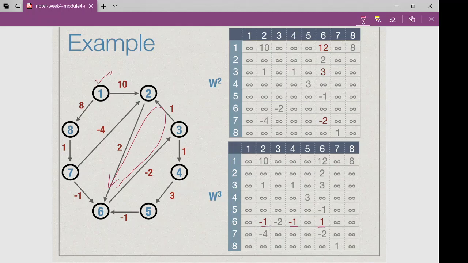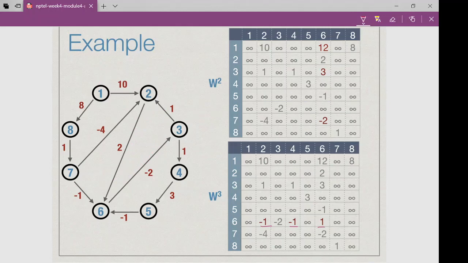Remember, 1 is allowed, 2 is allowed and 3 is allowed, because the value of k is 3 right now. So you just cross-check what nodes are allowed and what the paths are, and update those values. All the other values we have already updated.